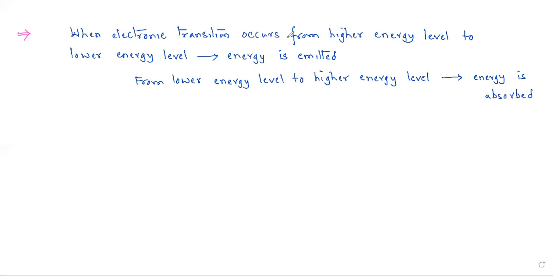Remember, as long as it revolves in a particular orbit, it neither emits nor absorbs. But during the electronic transition from one energy level to another, energy is either emitted or absorbed.